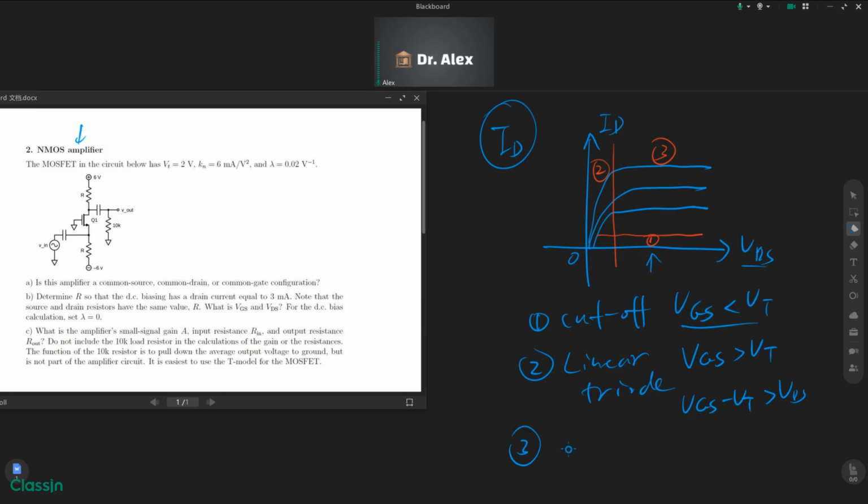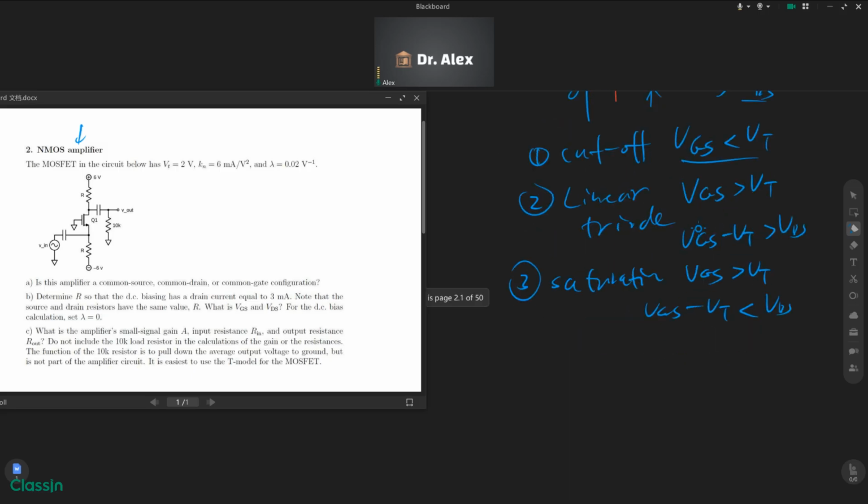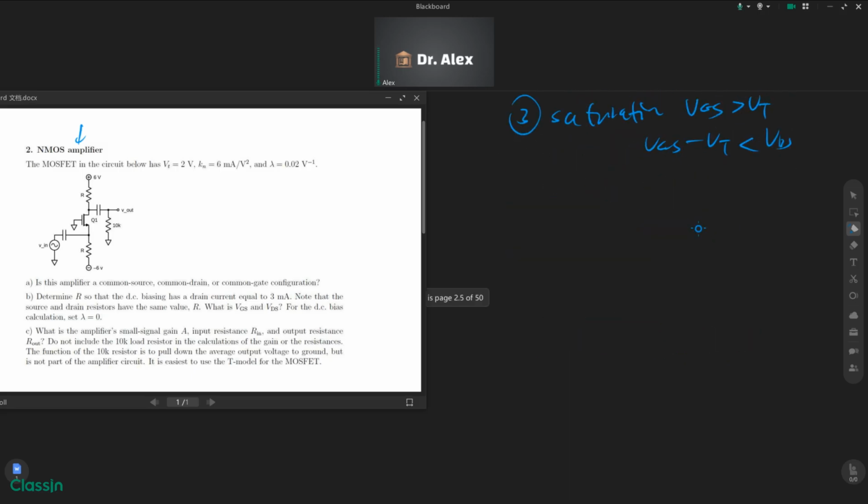The third region is named the saturation region, which means VGS is bigger than VT, and VGS minus VT is smaller than VDS. So the third region is our desired region. Okay, that's some background knowledge.